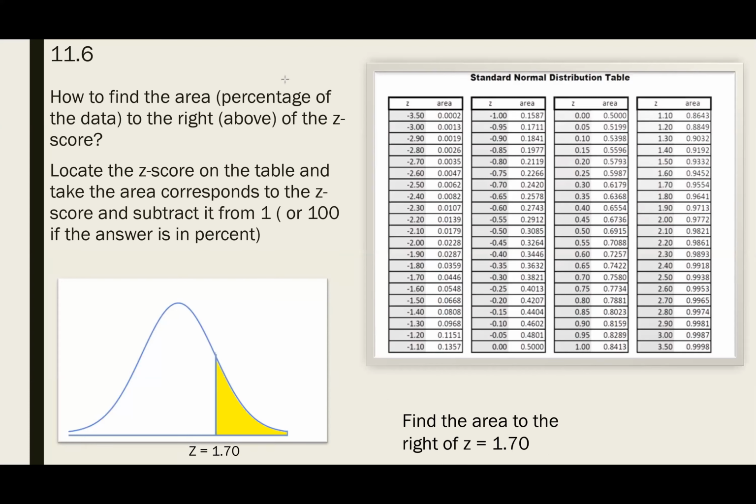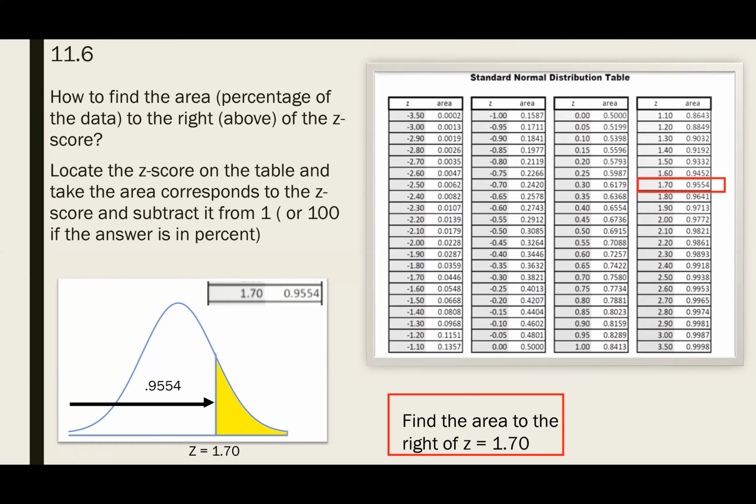If you go to this table, the corresponding value for 1.7 is right here. The corresponding value is 0.9554. But what is this 0.9554? Remember, 0.9554 is the area to the left.